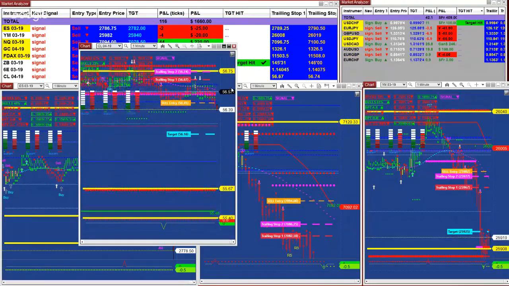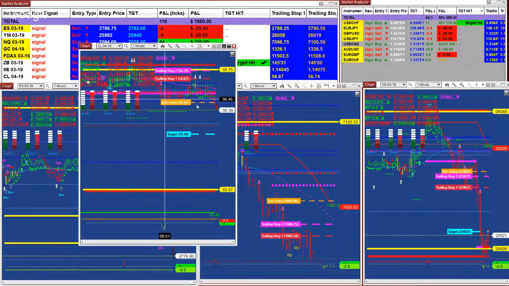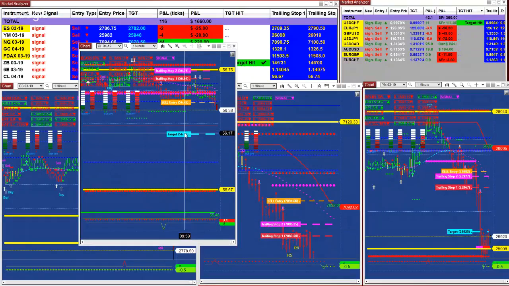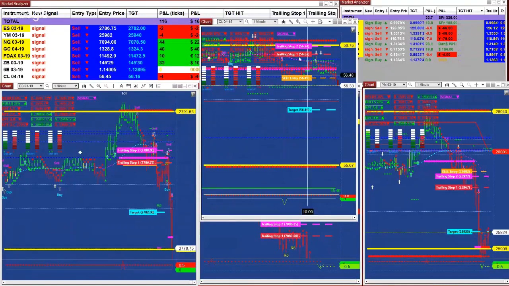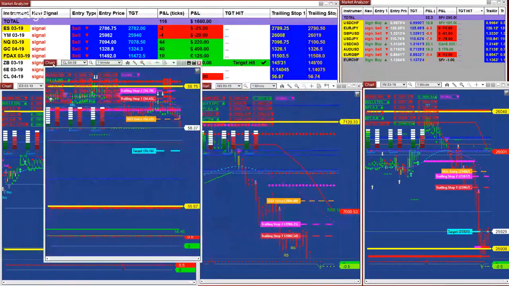But for the hour traders, if you are taking that short trade on the CL, it's a very nice trade, and watch out for the 56.26 final destination on the CL. Okay, we already hit the target on the ES. We hit the target on the CL. No, the CL, we are still working on it.